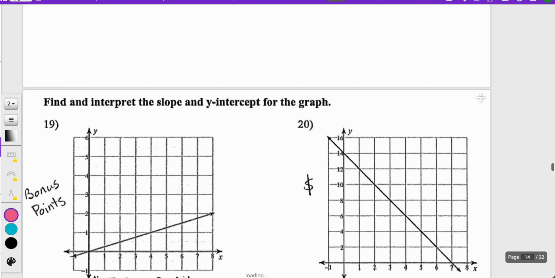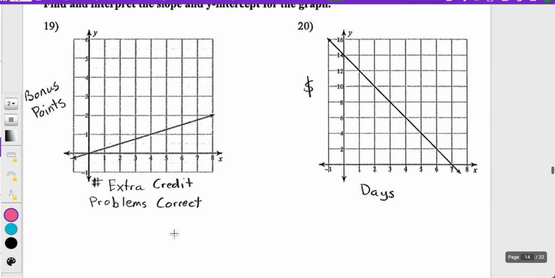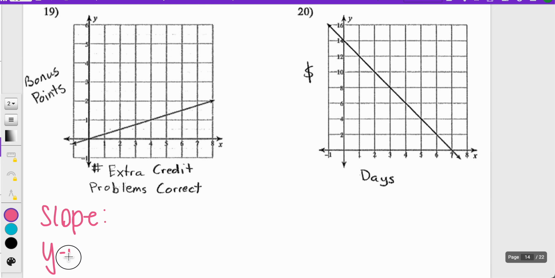And then our last two is just interpret the slope and the y-intercept. So, two things, slope, y-intercept, okay? In this case, my slope is rise 1, run 4. So up 1 over 1, 2, 3, 4. So 1 represents my rise, so that's bonus points.